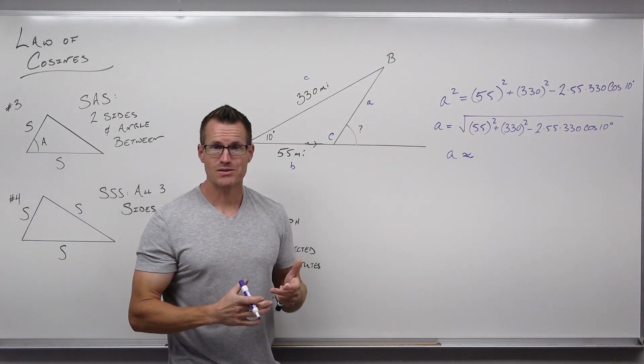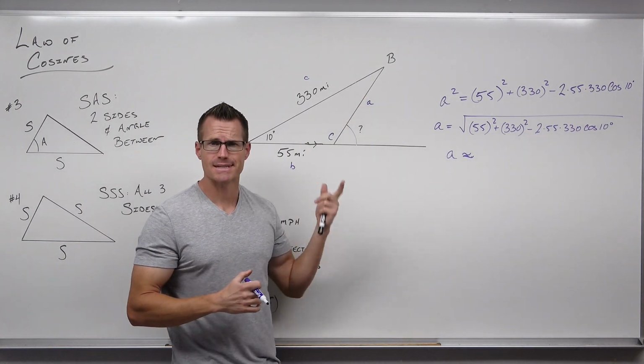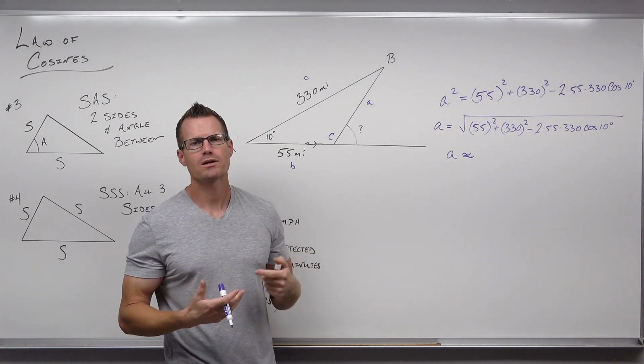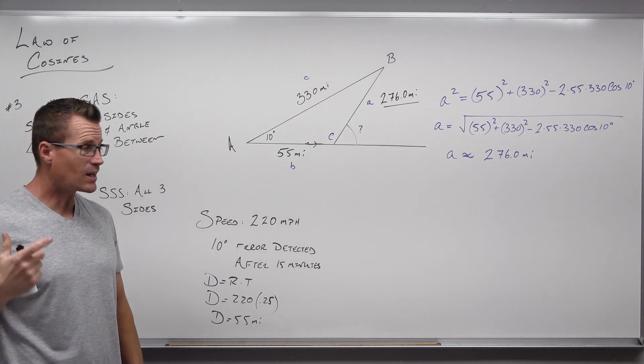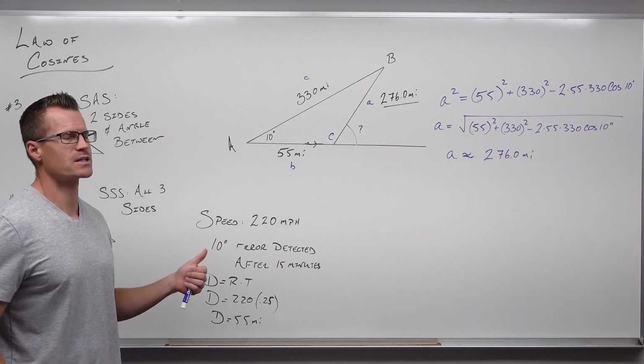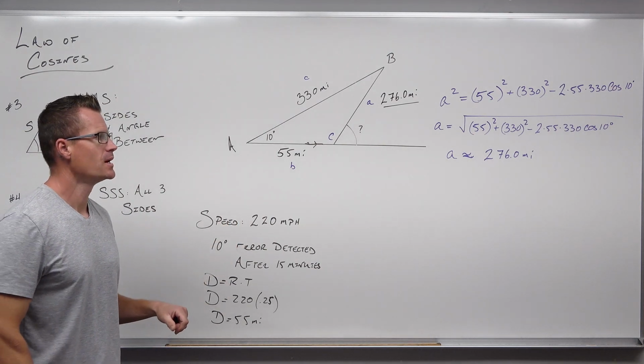Now that's not very useful if we think, well, I want to know what the distance is and be able to do some distance, rate, time on it. So we're going to approximate that. So we get almost exactly 276 miles, like 276.000 something miles.